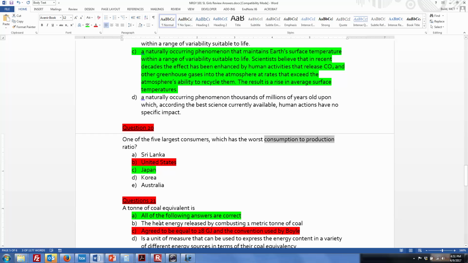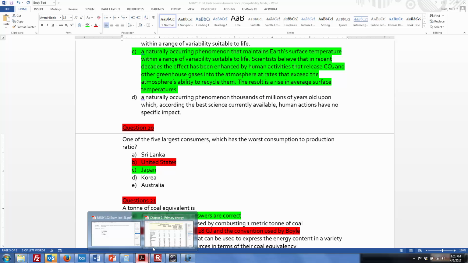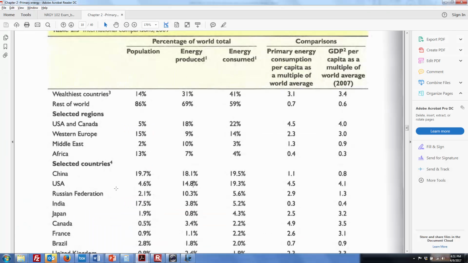If we do it for the United States, production to consumption.